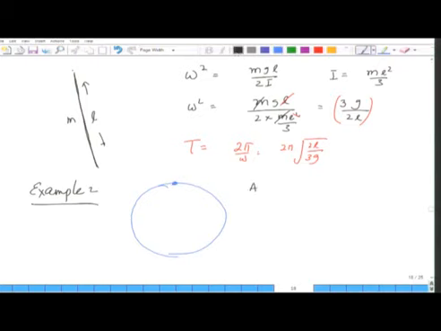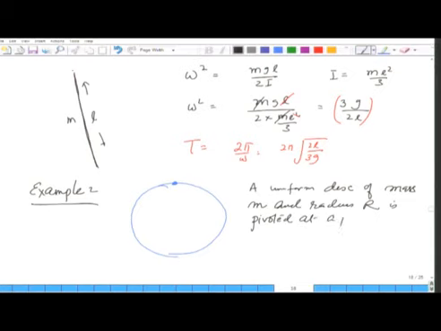So, a uniform disc of mass m and radius r is pivoted at a point on its periphery, and now we displace it slightly with a small angle theta.